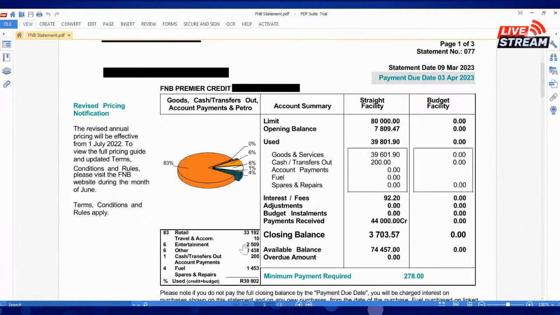So if you would use your credit card in order to pay for petrol, then that would link up as petrol. But otherwise, they would just all dump it under retail, and that is actually not the correct way of interpreting that. That's why I scrutinize the banking statement first, and then I delve into each and every line item thereof.